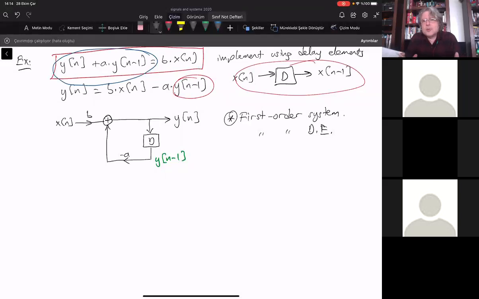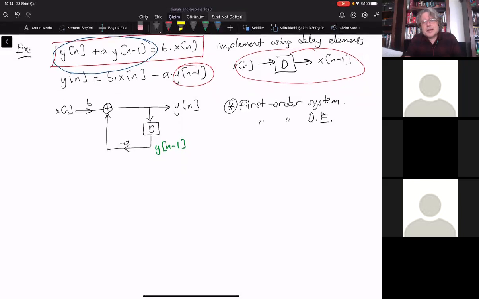As you see, you need only one delayed version of y of n. So y's, the outputs, are at the left-hand side, the inputs are at the right-hand side of the equation, and the outputs at the left-hand side require first order delay. That makes a first order system.